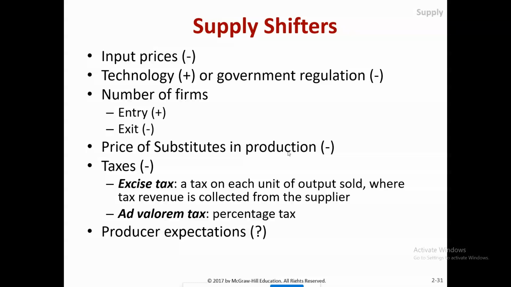Then there is tax, which is definitely bad generally speaking for everything. It's a negative shock. It increases the cost of production. For the same products you're producing, you have to pay the government a certain amount of money.